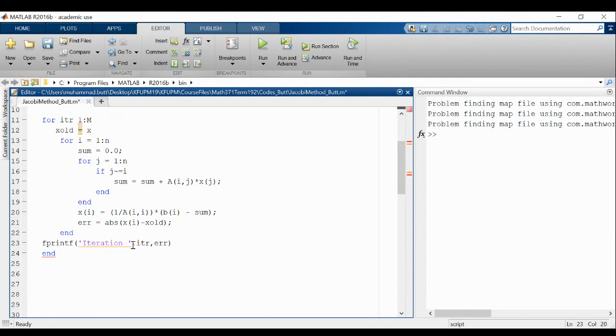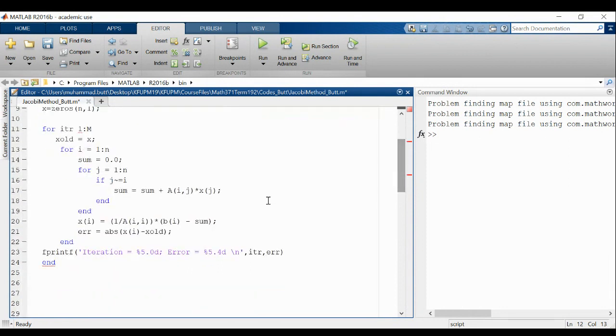So iteration, decimal, and then error is equal to, for example, 4 decimals. So now we have to check certain things, and this is almost done.